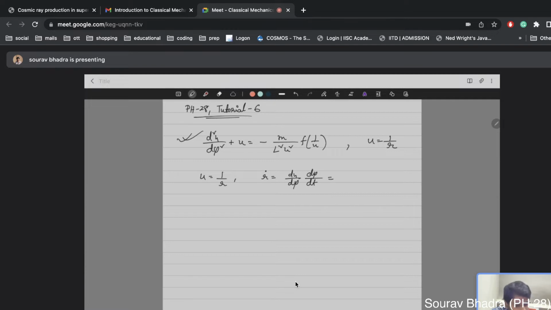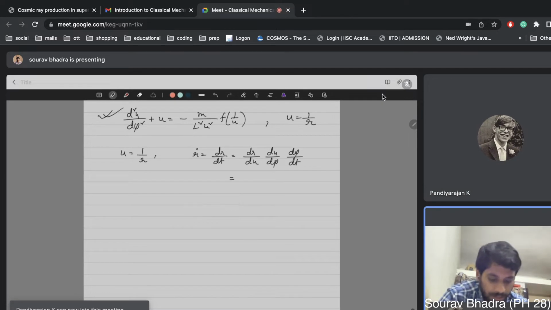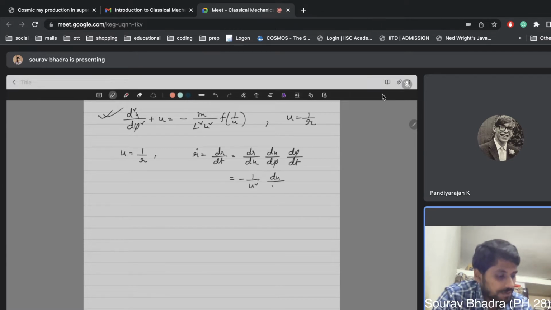If you calculate it, then dr/du will come as minus 1 by u square, times du/dphi and phi dot, because dphi/dt is actually phi dot.